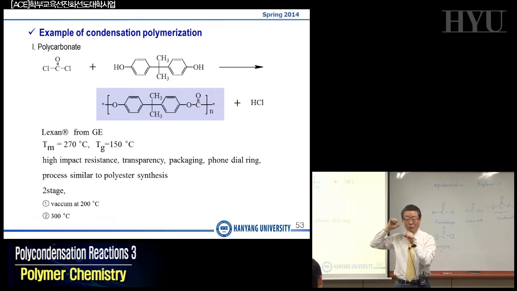So you have to use two hands. But it's good to have it connected. Right? But rings, a long time ago, we used to use phone dial rings, which should be transparent, okay, to look at the number so that you can dial them. And the plastic that they use is polycarbonate.